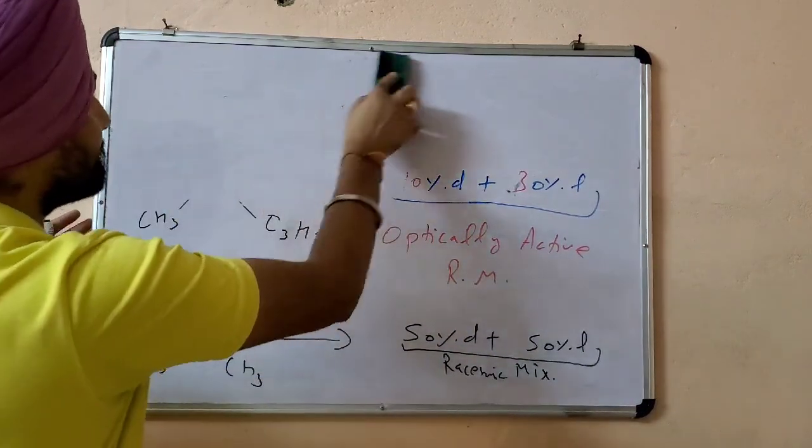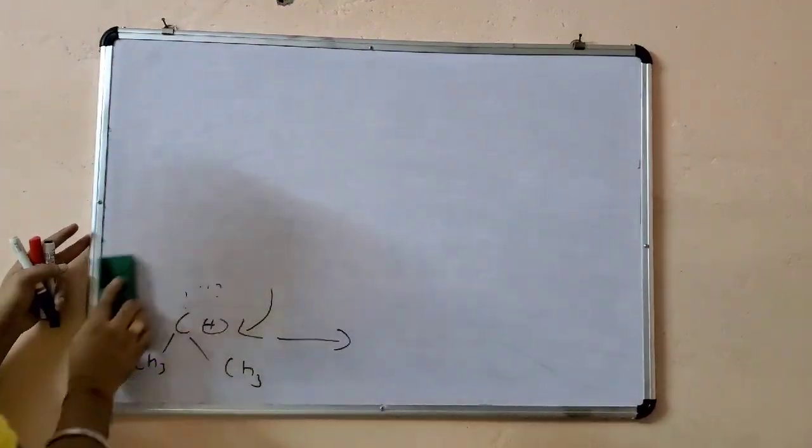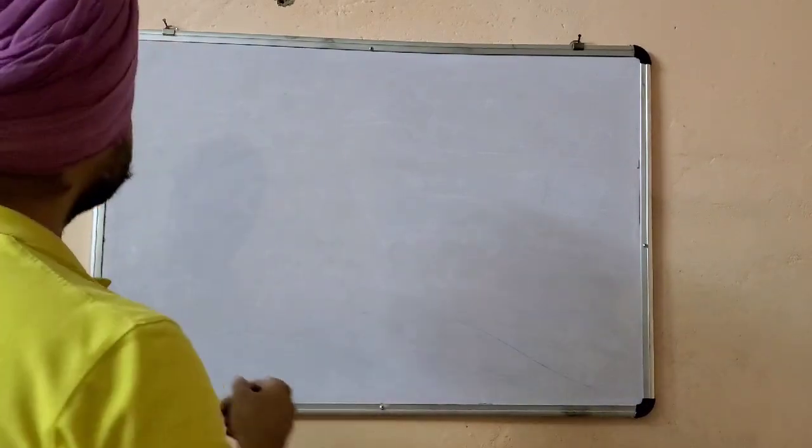There are 8-10 points, which are important shortcut methods. If you directly learn these, then you will be able to solve the questions. SN1 and SN2 mechanism.